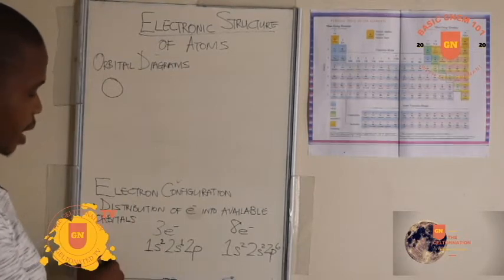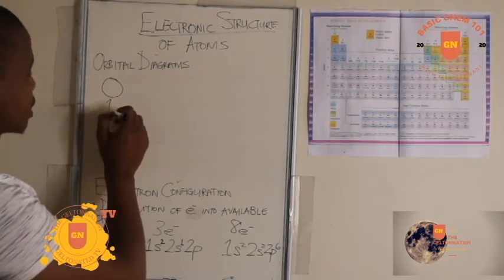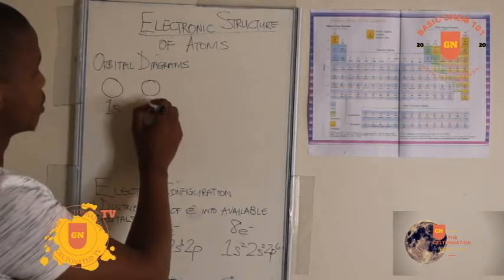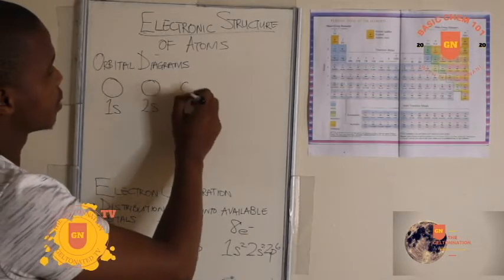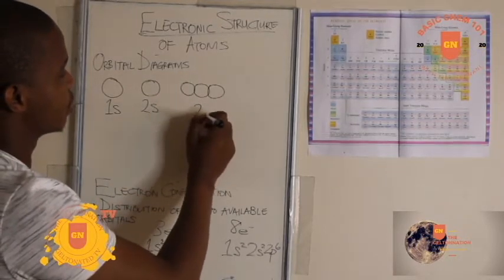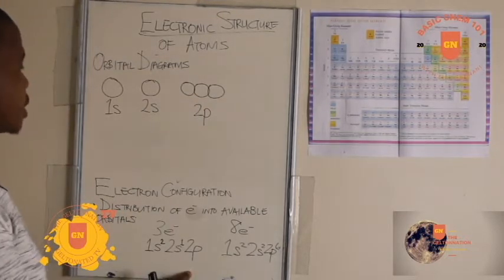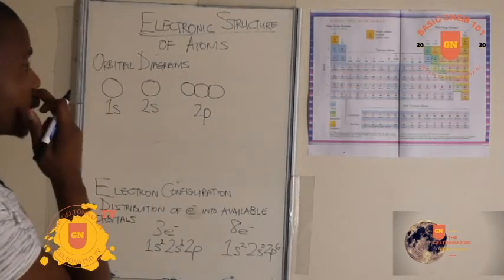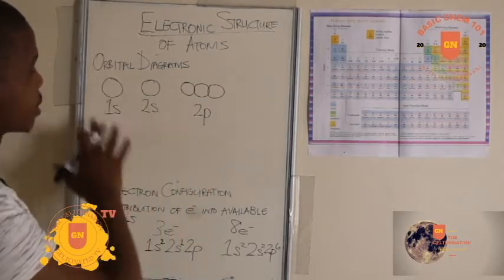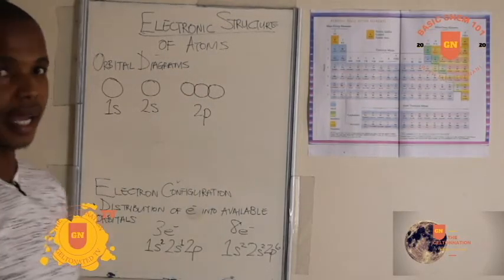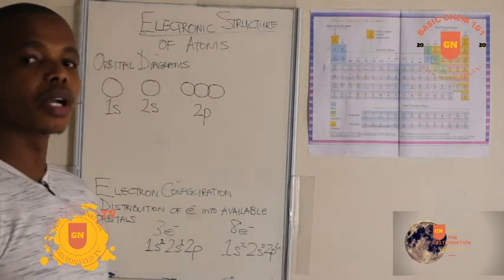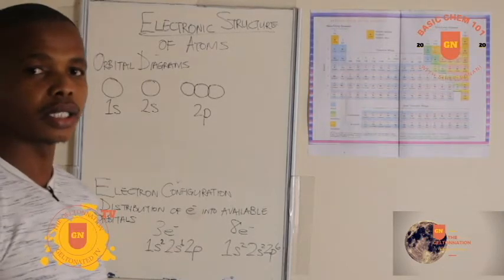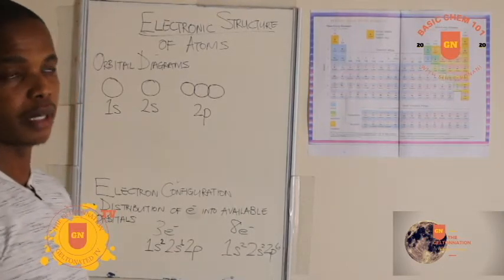If I have 3 electrons, it means for my 1s I have 1 circle, then I have 2s, then I have 2p. Now with 3 electrons, here I'll have 2 electrons, then I'll have 1 electron, and that is 3 electrons. Now the orbital diagrams are the ones that illustrate a lot the spin quantum number.